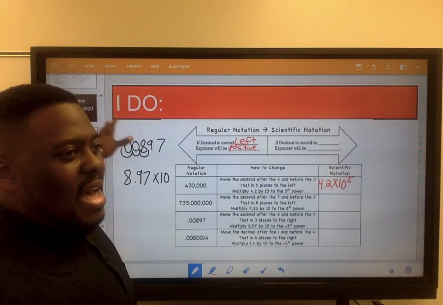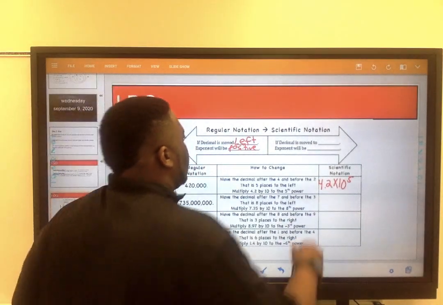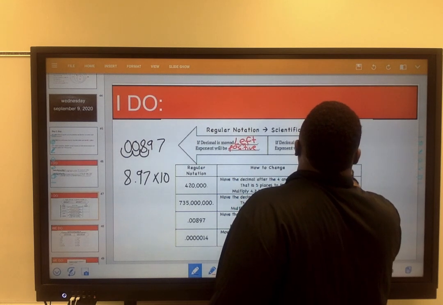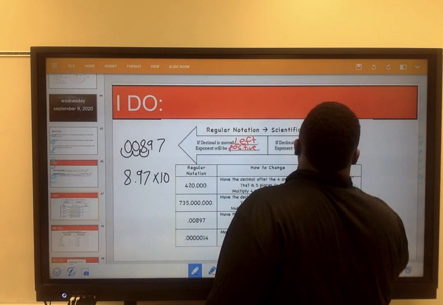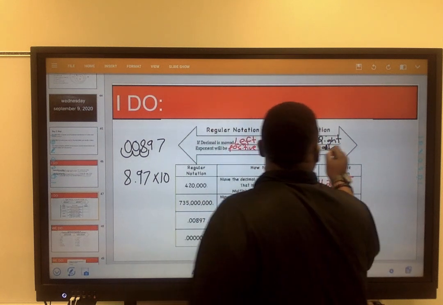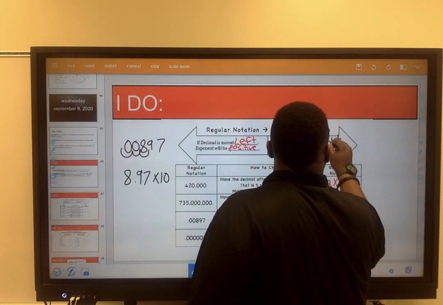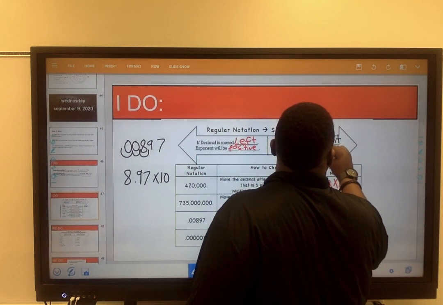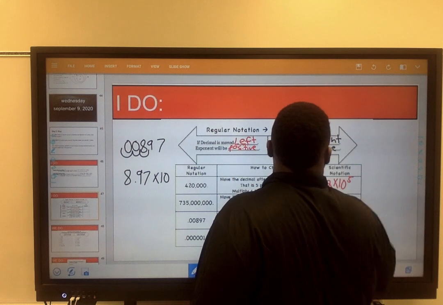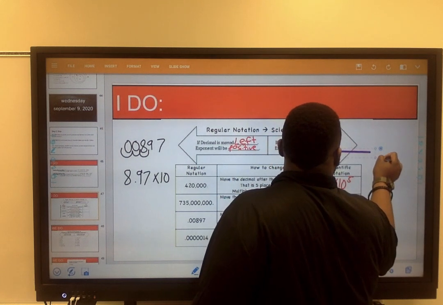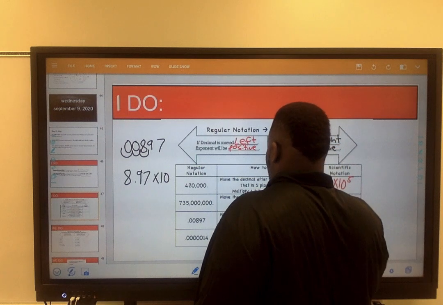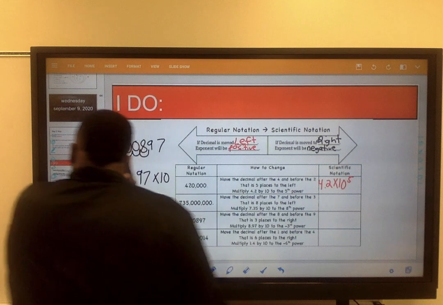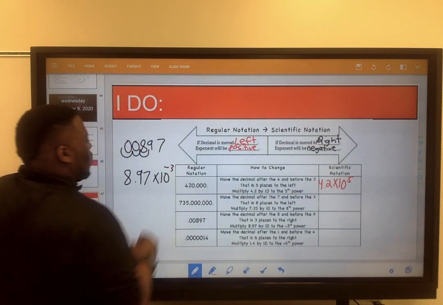If I went left for positive, now I'm going to the right. Going to the right should be negative. So this will be a negative 3.